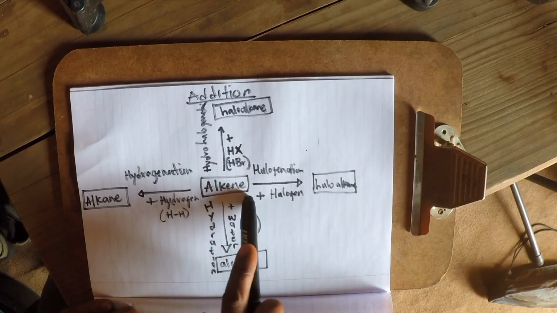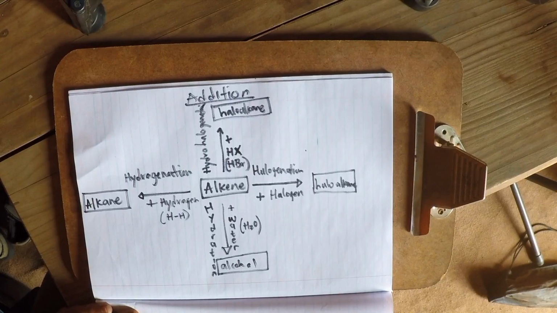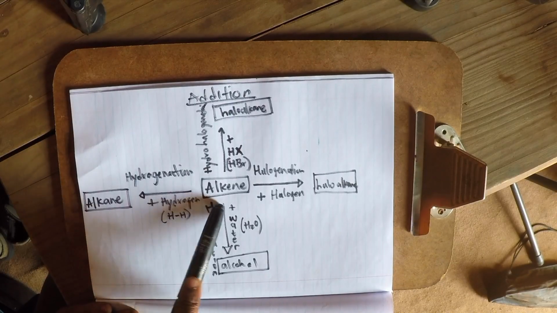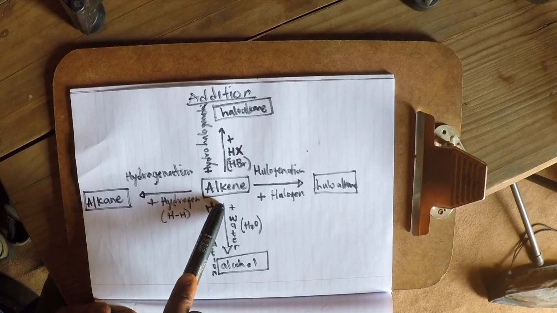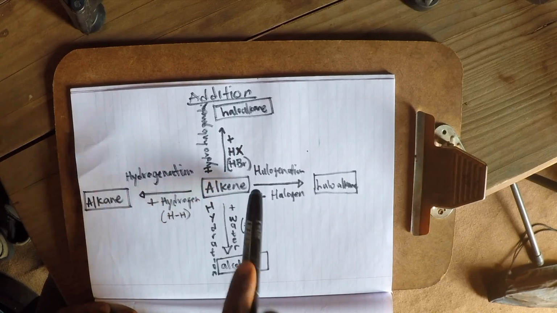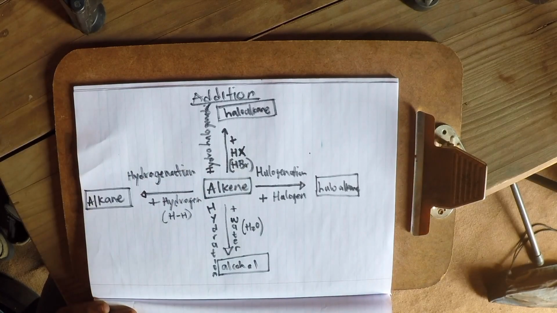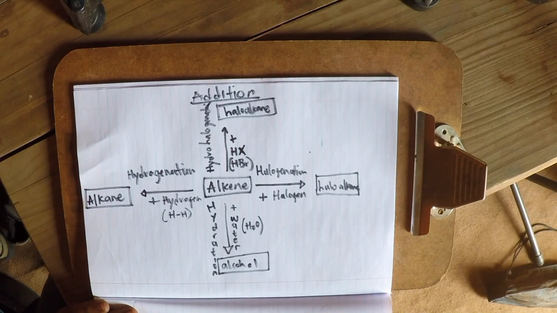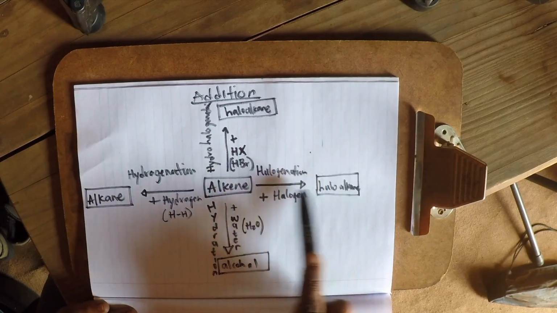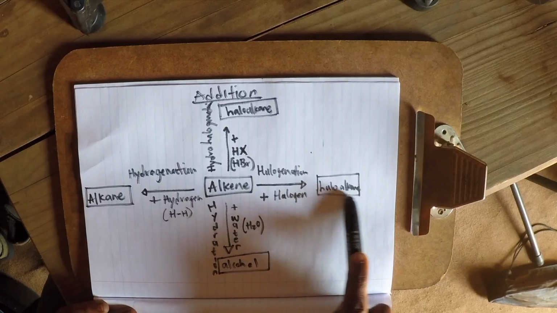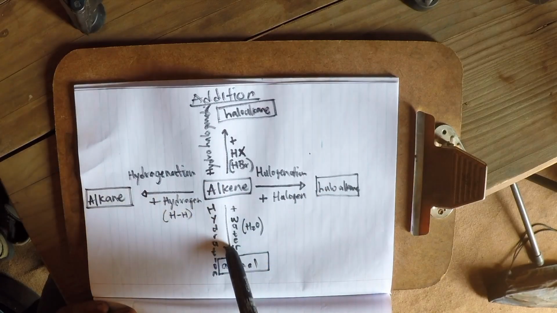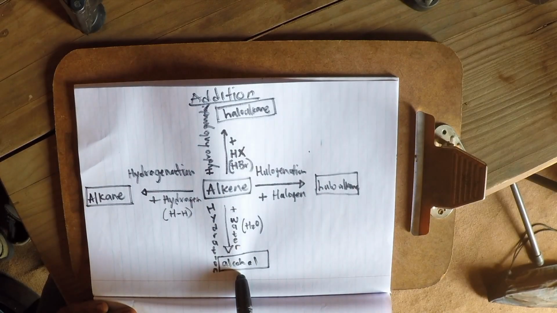Now I went into even further detail to explain these different types of addition reactions. I said if you have an alkene, in your exam it will be given like this: an alkene will be placed at the center, and you have to identify that. Everything that is done to an alkene is going to be addition. These are the four major addition reactions that you will find. The addition of a halogen is called halogenation, and the result is a haloalkane. The addition of water is called hydration, and the result is alcohol.